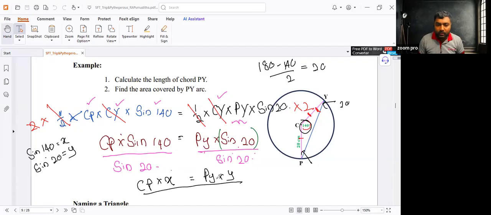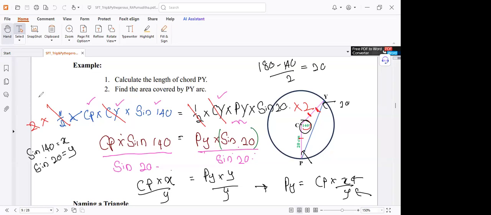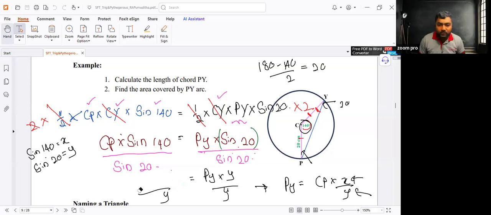To make the subject CP, I have to divide this side by y, then this side also by y. Then I will end up with CP equals CP into x divided by y. Then you have to substitute two values in here. Understood? Yes, sir. Okay, then get the final answer.